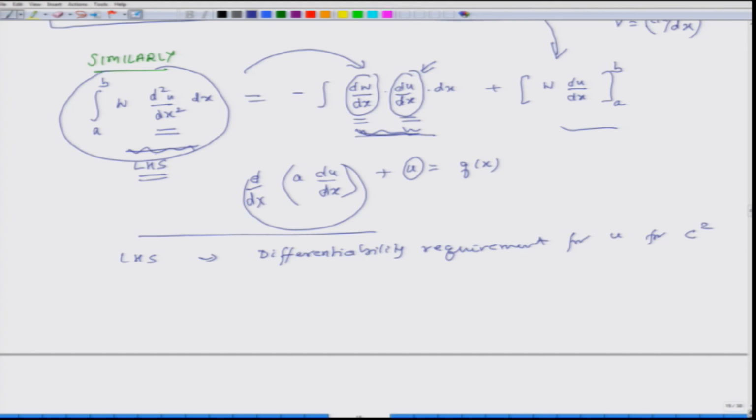If we transform this to the right side, the differentiability requirement for u becomes C1. I mean, if it is C2, no problem, it will do the job. What we have done is, we have weakened the differentiability requirement.